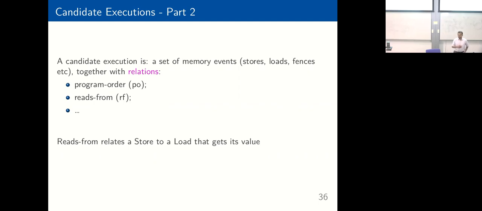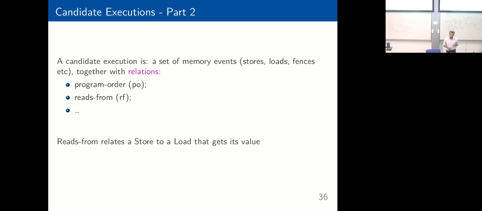And the other relation that I need is what's called a reads from relation, which I'll write as RF for picture drawing purposes. Reads from relates stores to loads. It's a binary relation which you can think of as typed.